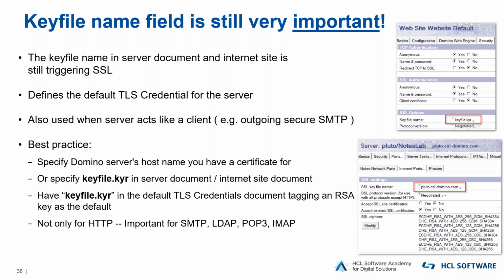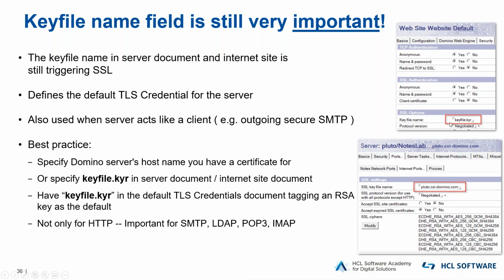So even before the SNI request will be evaluated, if you have a server that has server name indication and gives you a hint which certificate to use, you need any kind of indication. And that's still, in most of the cases, the KYR file name. The key file KYR is still the default name.